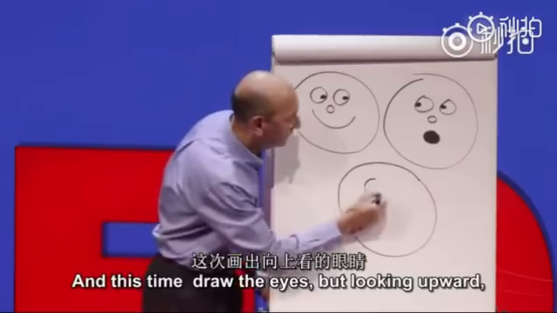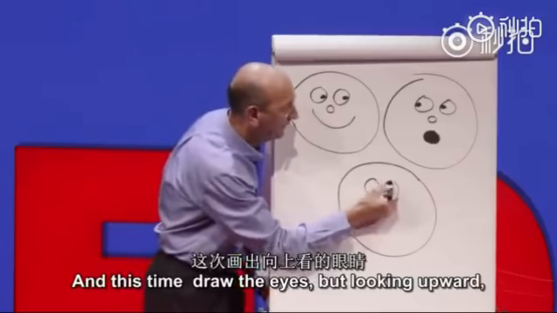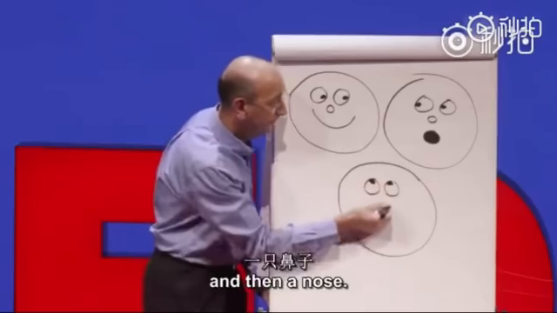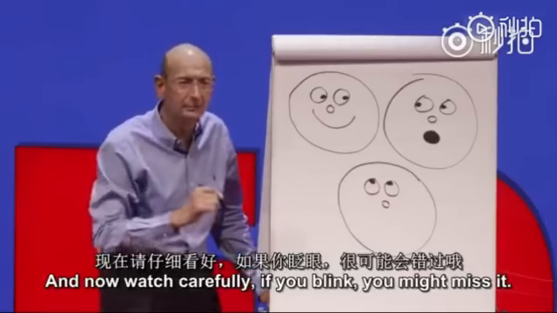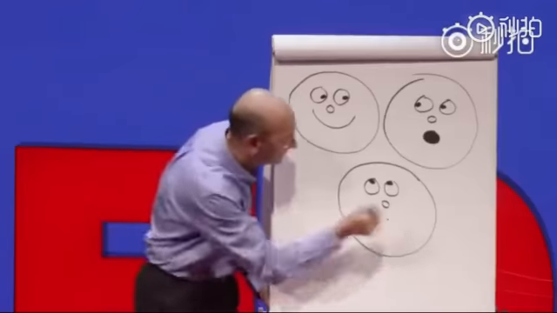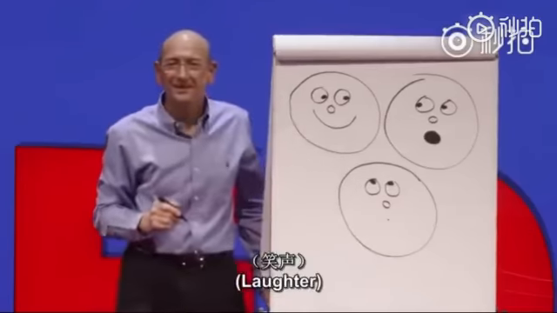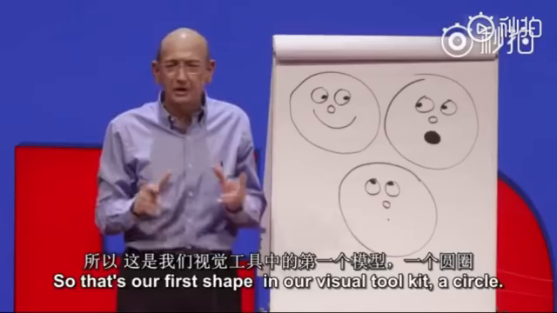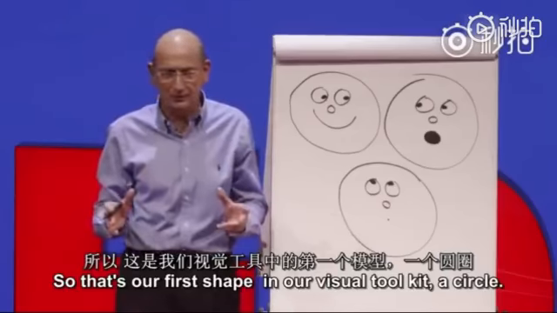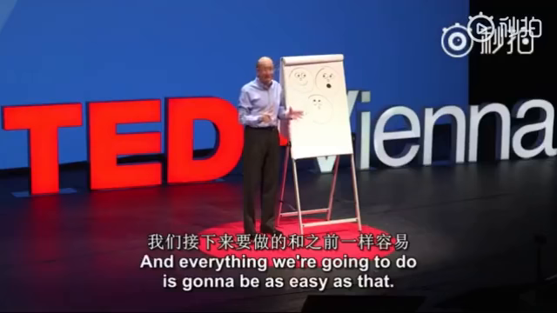And this time, draw the eyes, but looking upward. And then a nose. And now, watch carefully. If you blink, you might miss it. A thoughtful expression. So, that's our first shape in our visual toolkit, a circle. And everything we're going to do is going to be as easy as that.